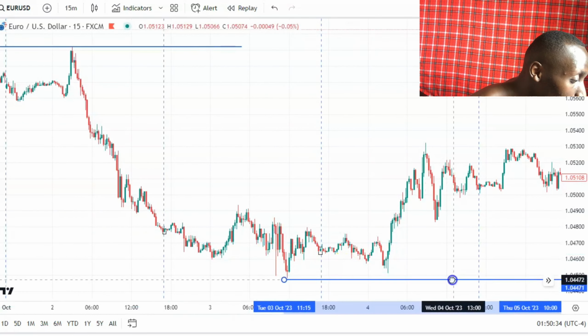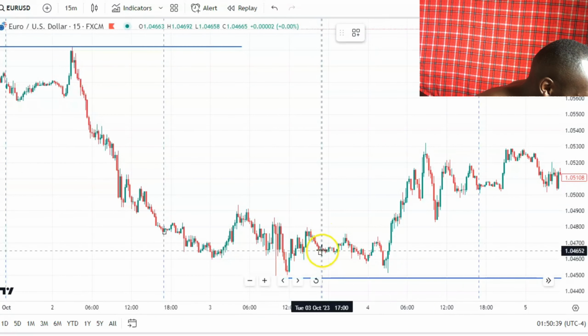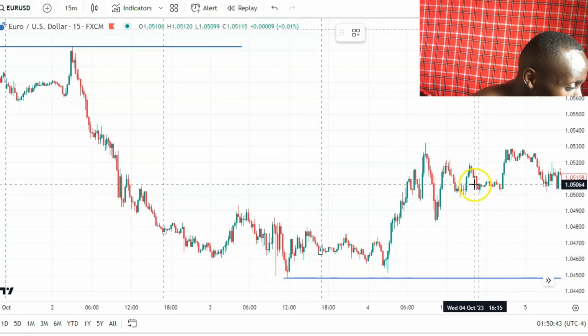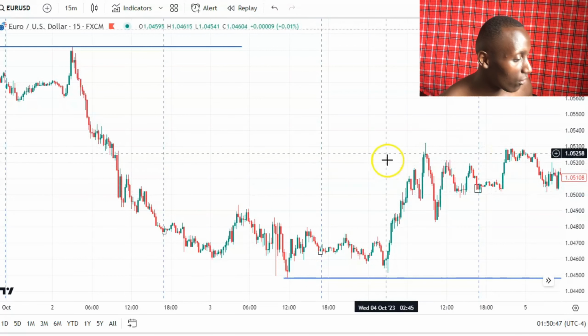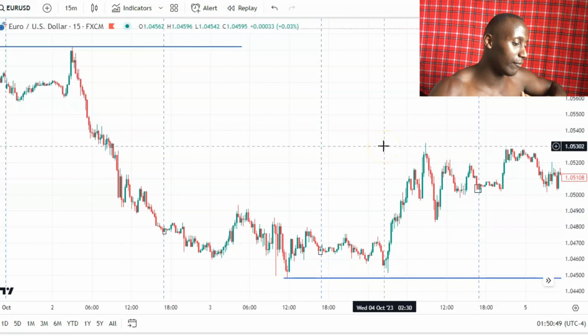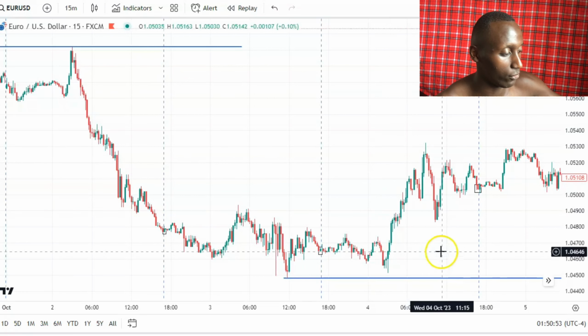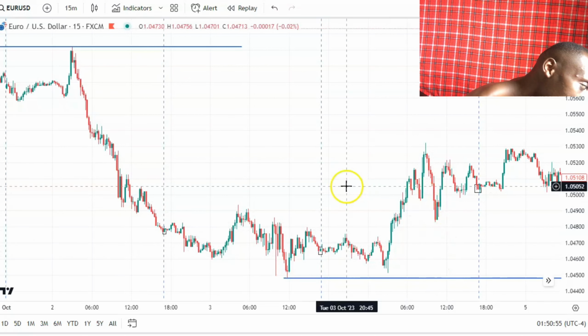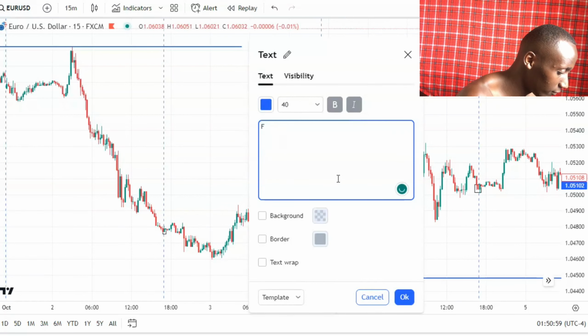Now we are looking for the close and the open. We can see where the market closed, that is where it opened the next day, and this is where it closed. So now on the daily time frame, if you go look at the charts, you will see this is a bullish candle. So we have now our first green day.